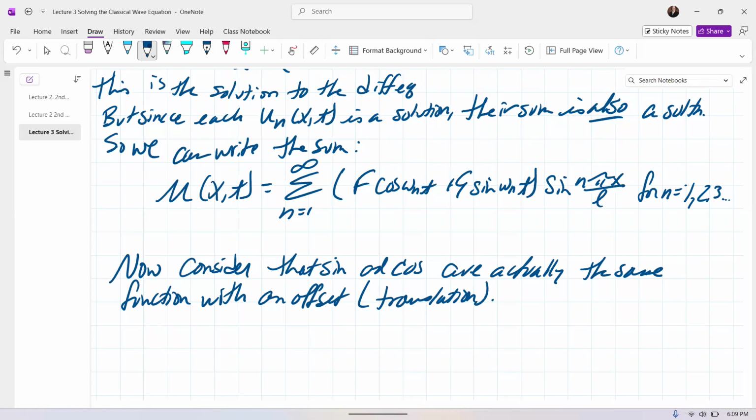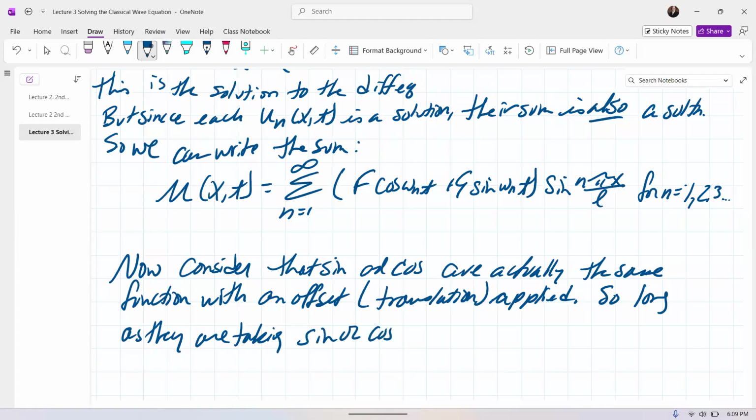If you did that in your pre-calculus, we did that in pre-calc when I taught it, about translating the functions. So long as they're taking the sine and cosine of the same thing, they can be translated to superimpose them.